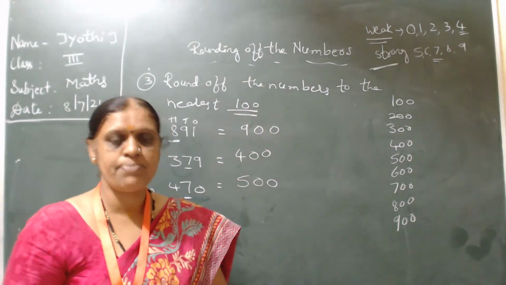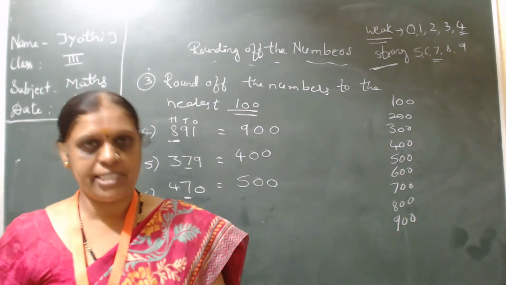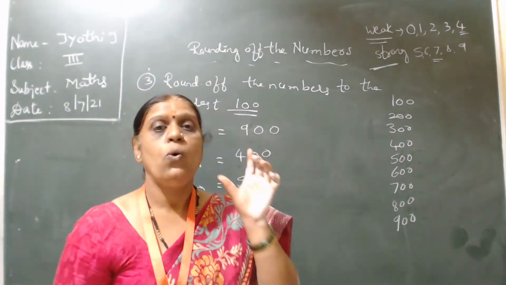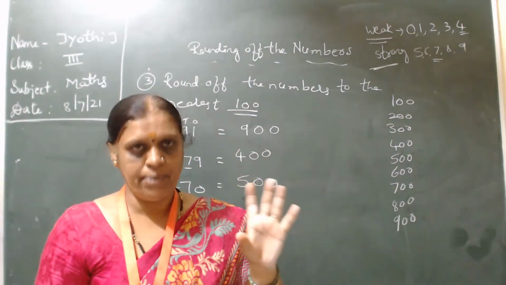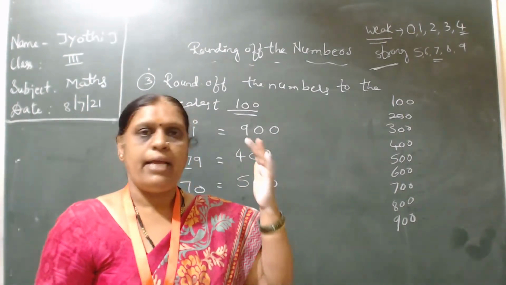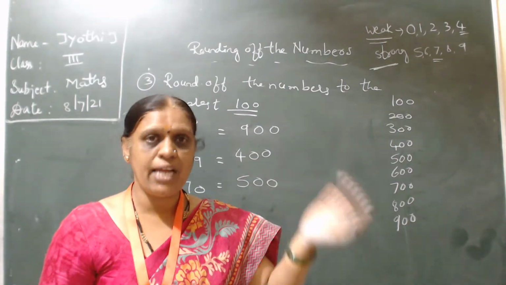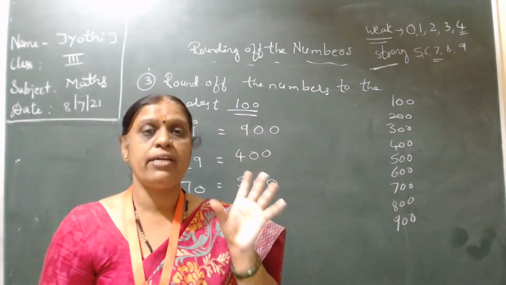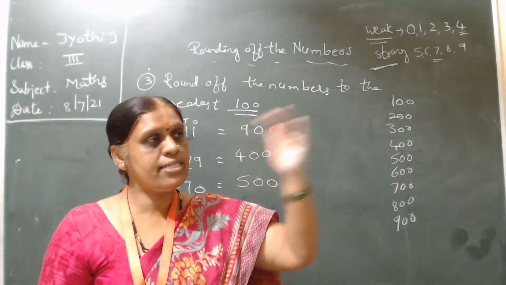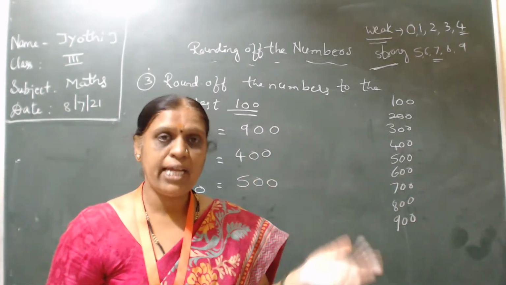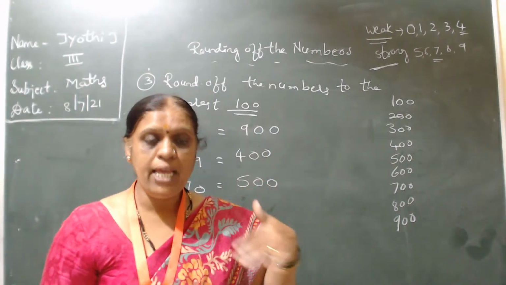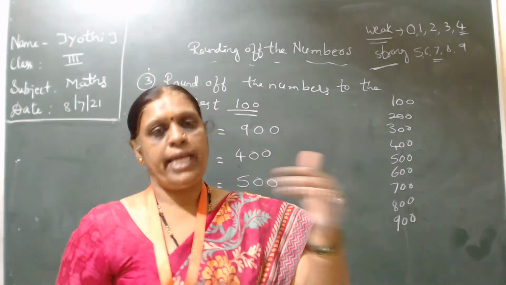So these are the rounding of numbers to the nearest tens and nearest 100. Rounding of numbers means nothing but estimation. So we can get a rough idea about the exact number. When we are doing any function or traveling, first we make a rough plan. How much is the distance, how many people are going, what vehicle we should take, how much amount we can share.